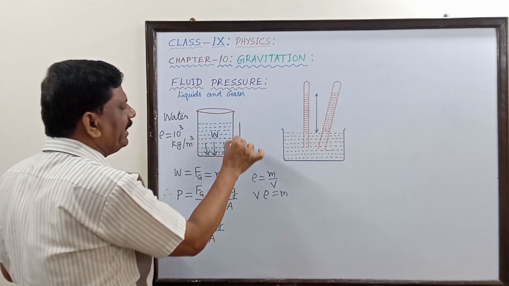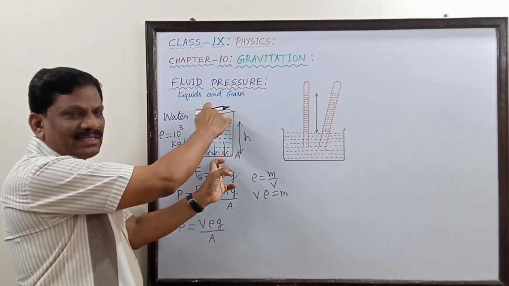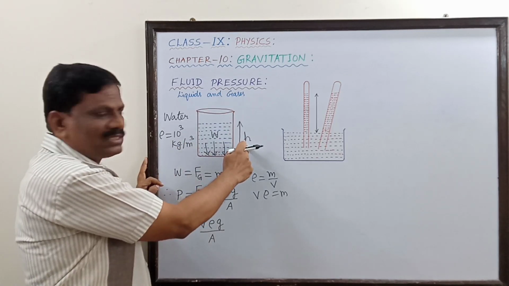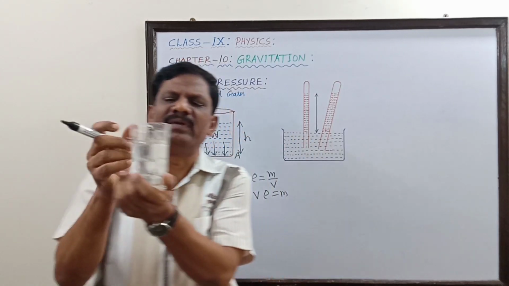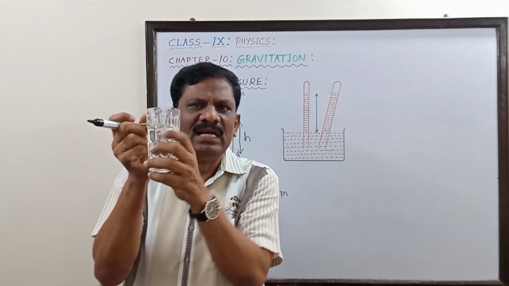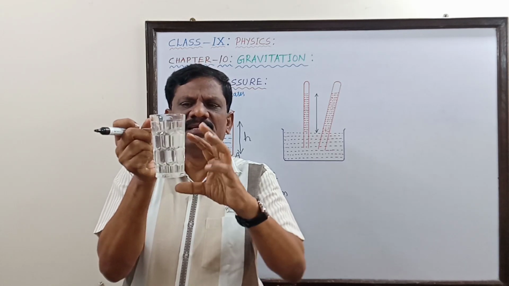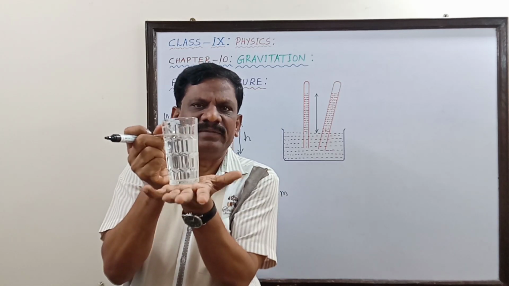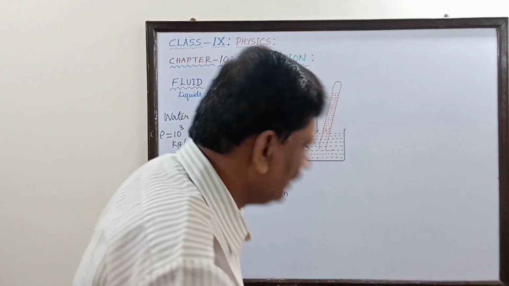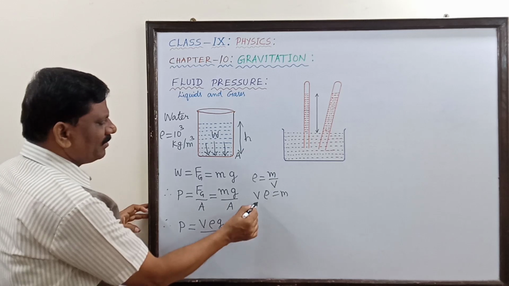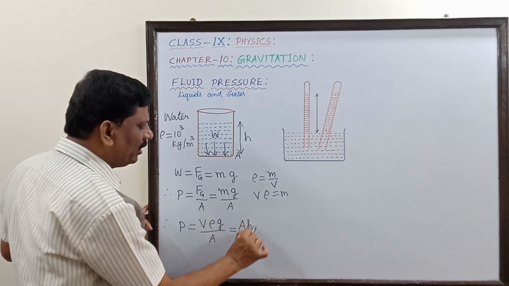Suppose the height of water, the level of water inside the vessel, is equal to h. So how will you find that cylindrical volume? Suppose this is a cylindrical vessel, which means the volume is also cylindrical in shape. The volume of the cylinder is equal to base area, bottom area, into height. So in place of this volume, I can substitute base area into height.